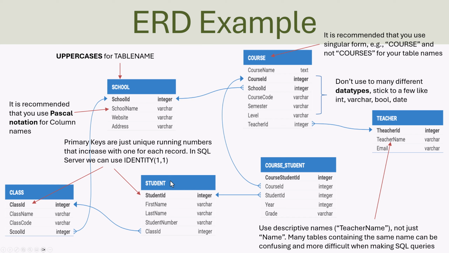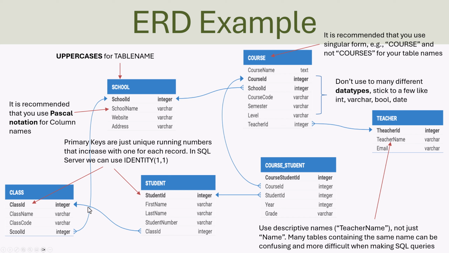Also, it's recommended that you create so-called unique running numbers for your primary keys. So in our case, in the school table, we have a primary key called school ID. Here in the class table we have a primary key called class ID. In the student table we have a primary key called student ID.